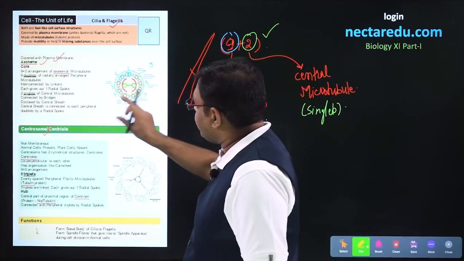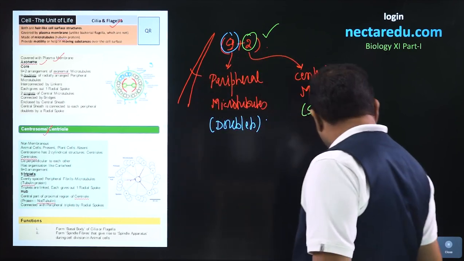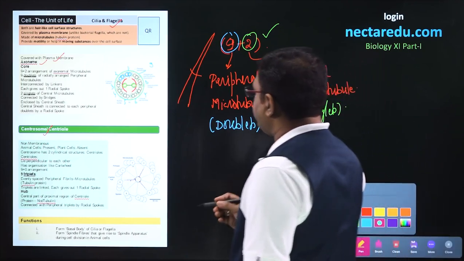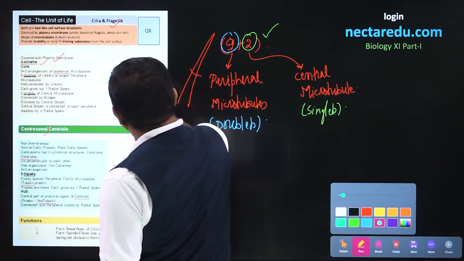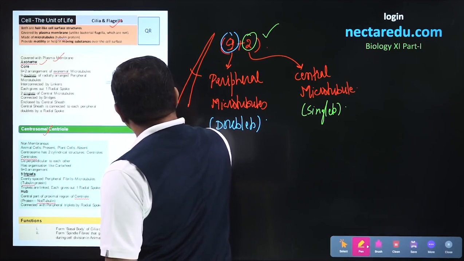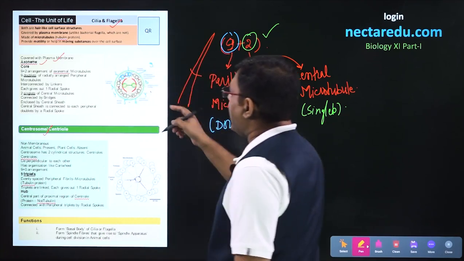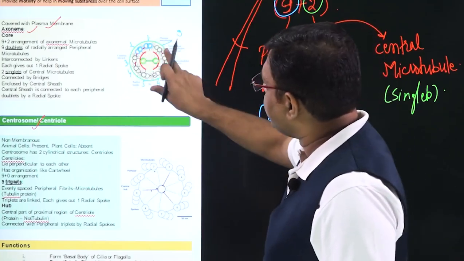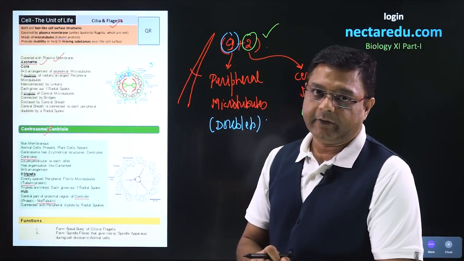Looking into the peripheral microtubules, there are certain structures by the name of linkers. So, these will be linked by these small structures, and these structures are called interdoublet bridges. All the peripheral microtubules will be connected by it.